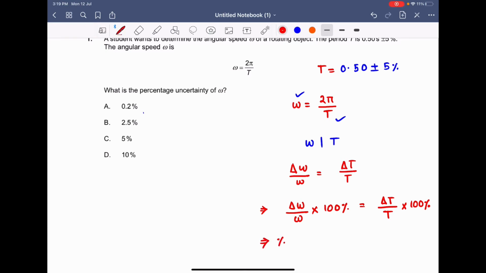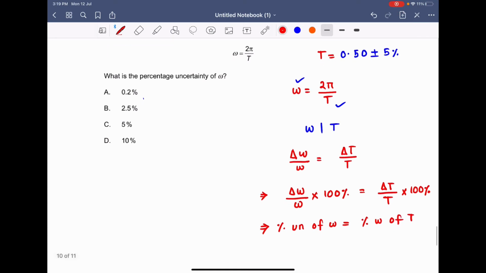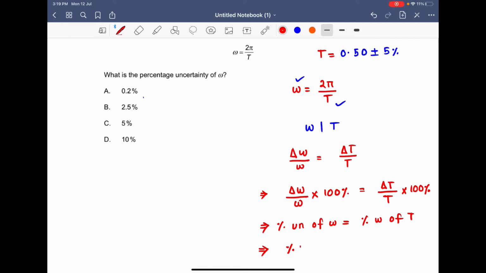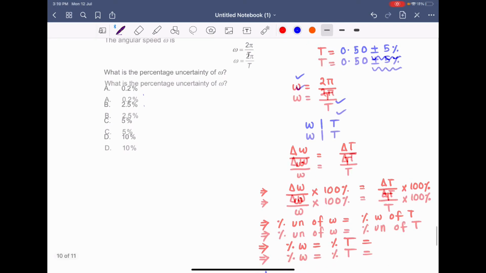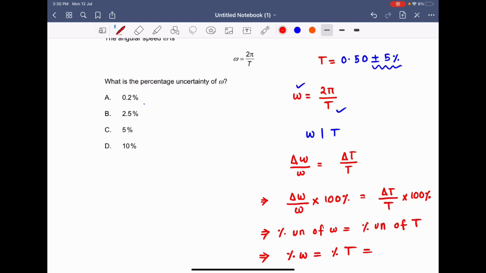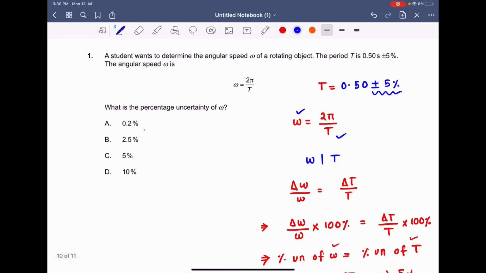So the percentage uncertainty of omega is equal to the percentage uncertainty of the time period T, and the percentage uncertainty of T is given in the question to be plus minus 5%. Since we proved that the percentage uncertainty of omega is equal to that of the time period T, the percentage uncertainty of omega will be plus minus 5%. So the correct option to question number 1 will be option C.